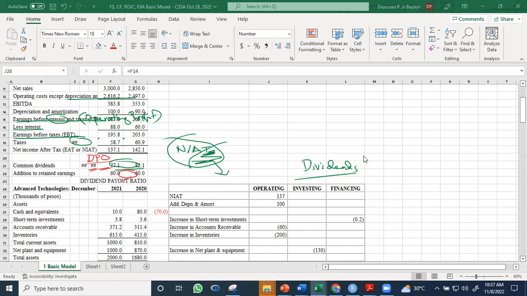It can be stock dividends, but usually it's cash dividends. Therefore, class, this will involve cash. This common dividends of 77.1, is this already incorporated here in our pro forma template? Kindly chat yes or no, please, if the dividends have already been captured.